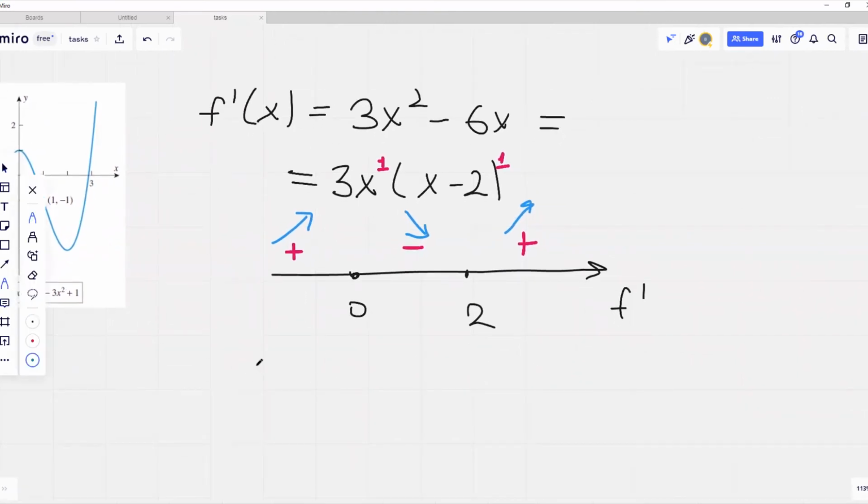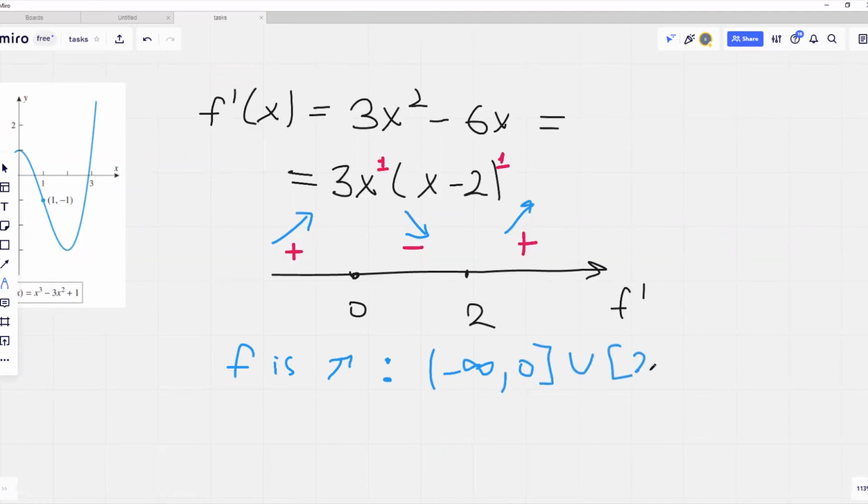So let's write this down. f is increasing on intervals. Remember, guys, when we are studying intervals where our function is increasing or decreasing, we use closed intervals. So f is increasing on the interval from minus infinity to 0, so 0 is closed, union with 2 to plus infinity.